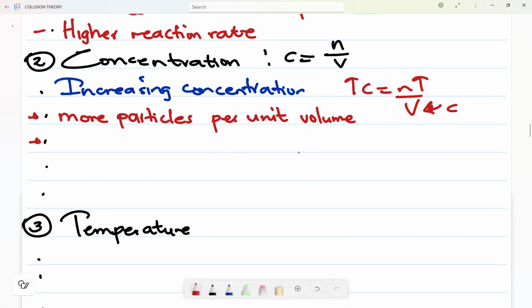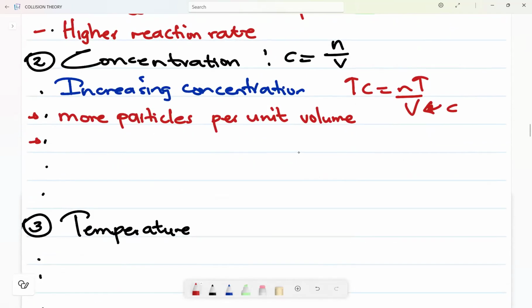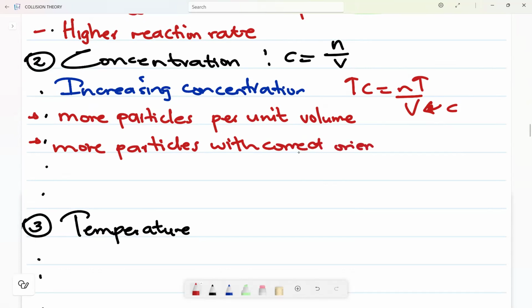More particles with correct orientation. Use the one that your teacher gives you, or the one that you get from the memos, especially from the department question papers. More particles with correct orientation.